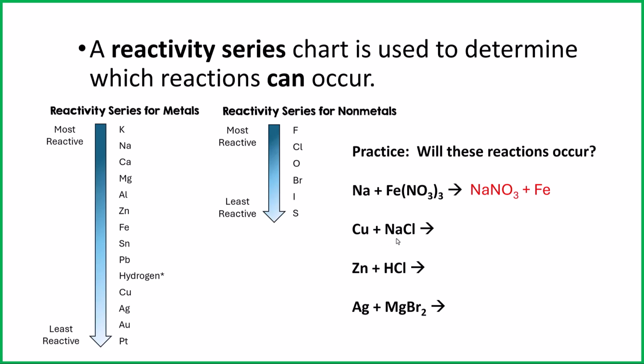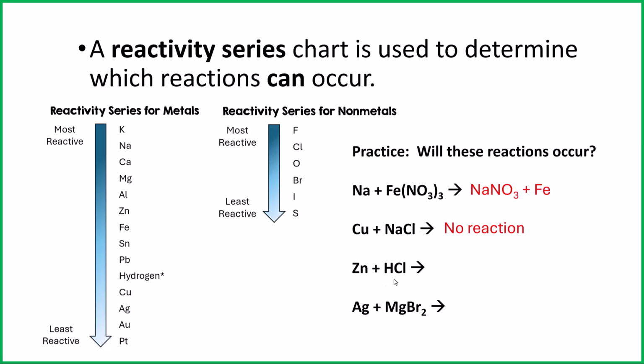Copper and sodium chloride. Copper is found down here. It would replace, because it's a metal, it would replace sodium, and sodium is found way up here. So because the copper is less reactive than the one that it would be replacing, this is not going to cause a reaction. So these elements are not going to react at all.